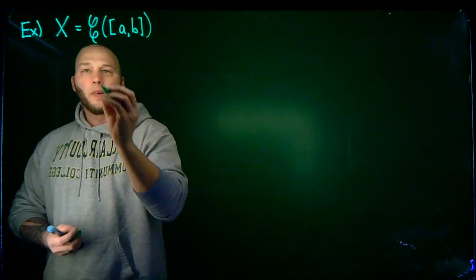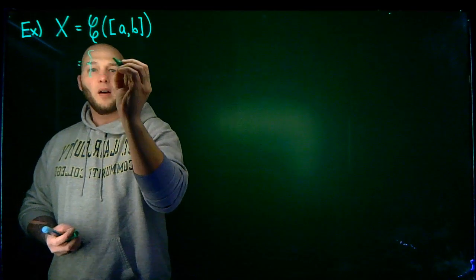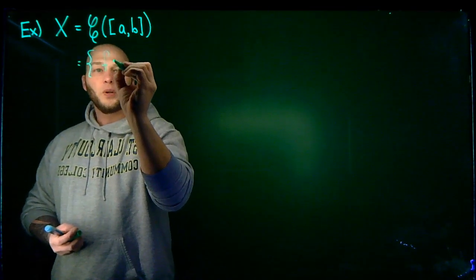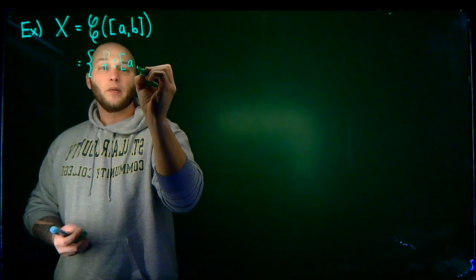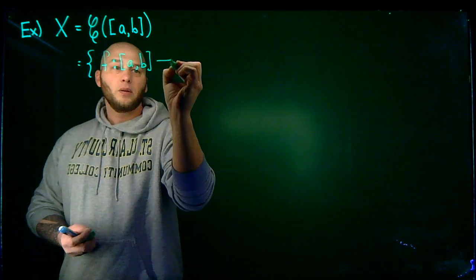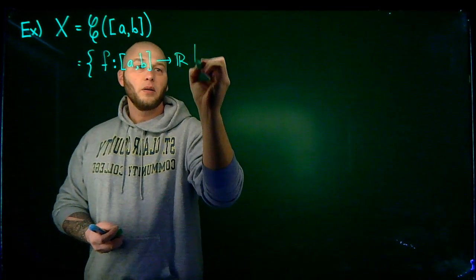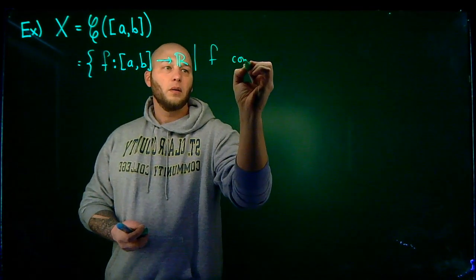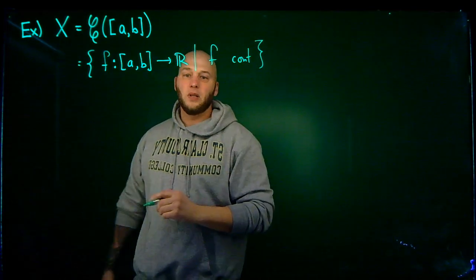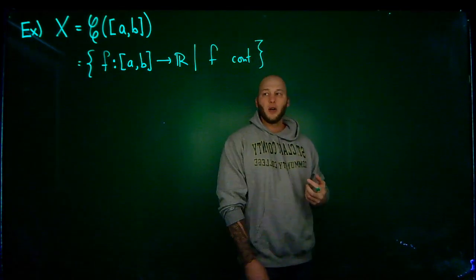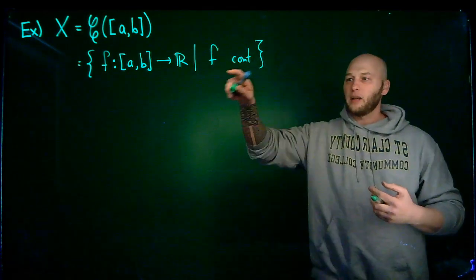All right. Remember, this is equal to the set of f, which takes [a, b] to R, such that f is continuous. Okay, so this is all continuous, real valued functions on the interval [a, b].